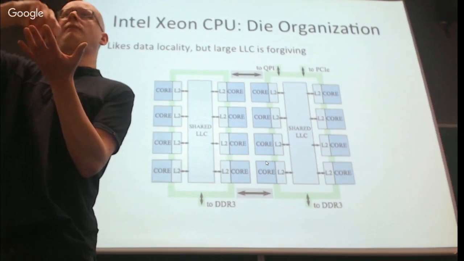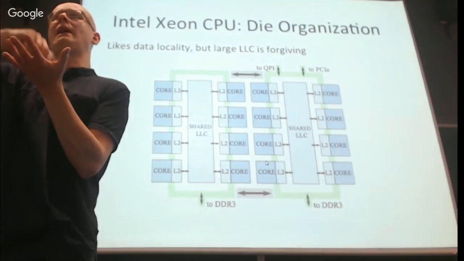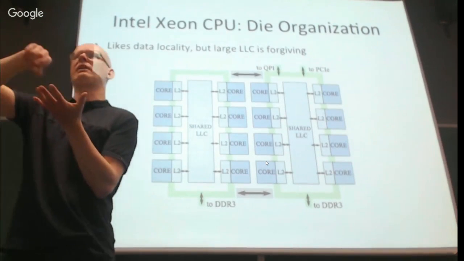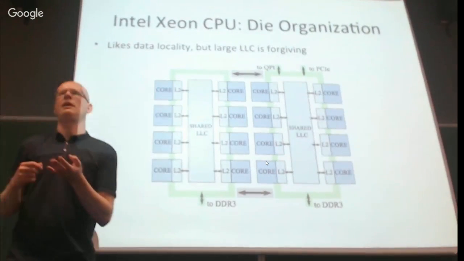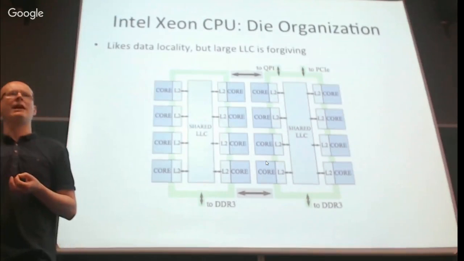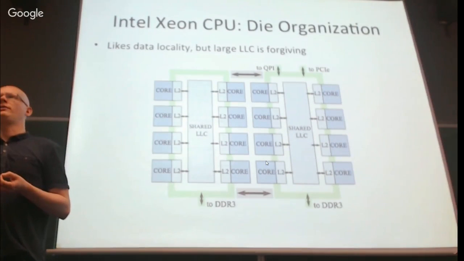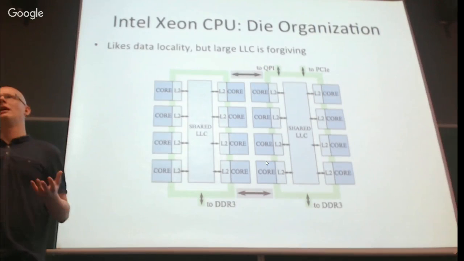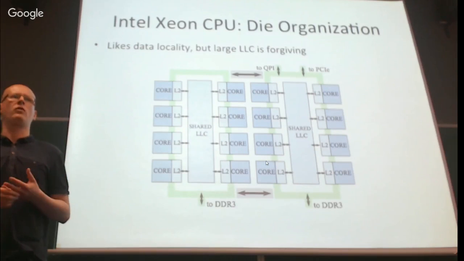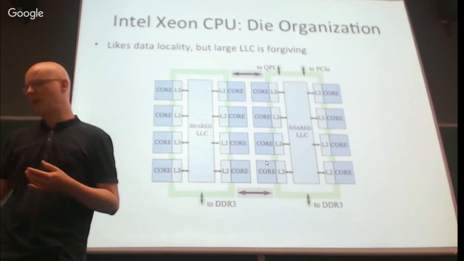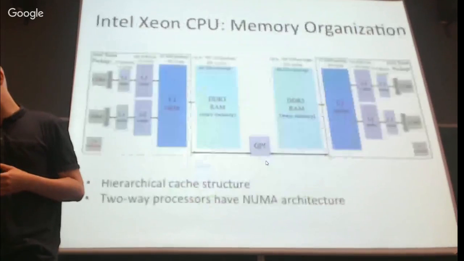It's a bus between the 2 sockets that allows for high bandwidth, low latency transfers between the 2 sockets. And that's something that you need to take into account when it comes to software performance engineering as well, because that reflects a NUMA node, non-uniform memory access system, which I'm sure you've talked about as part of the course already, and something that is very important when it comes to performance as well.